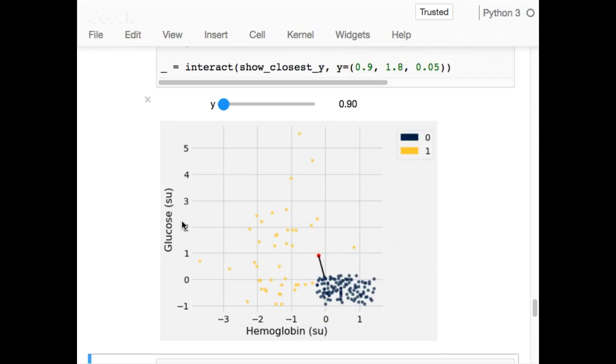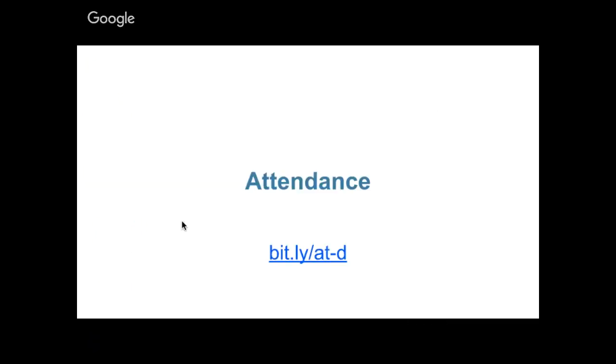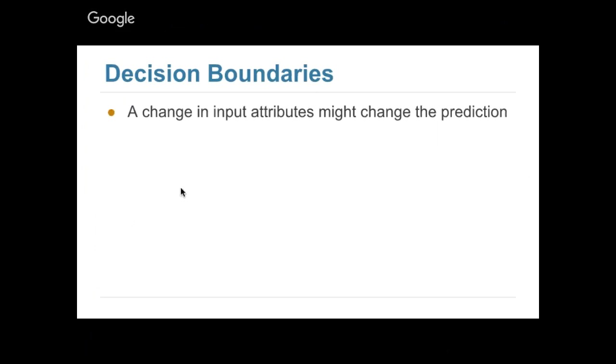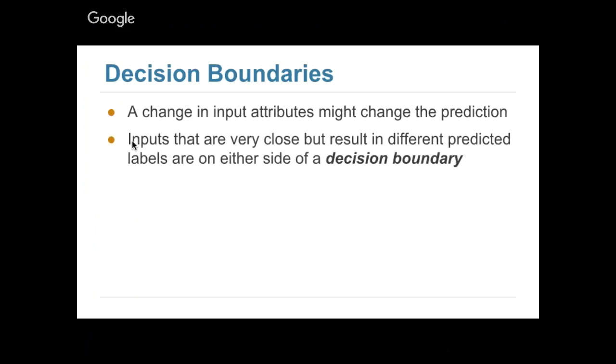So it'll say, okay, if you're above this, you're yellow. If you're below this, you're blue. And that switching boundary is what we call a decision boundary, because my classifier will switch its decision. As we saw, if I change my attributes, my classifier will also make different predictions. If I look at the points where my classifier switches between one class and another class, we call those points a decision boundary.